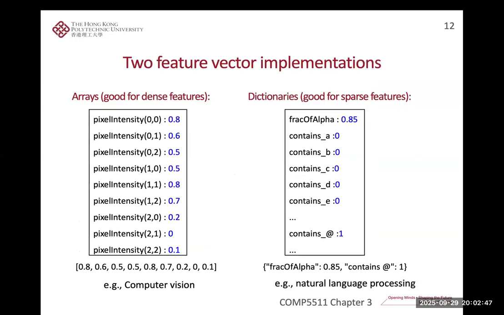When you are doing image computer vision, usually we use arrays, which is dense computation. But for natural language processing, usually the data is sparse. We will use efficient storage of the sparse representation. This is more common in natural language processing: we use a key value store, the dictionary, to store the features.